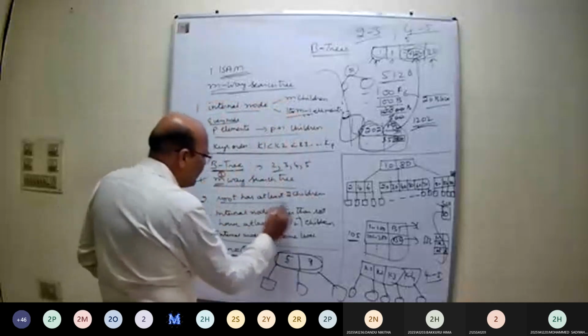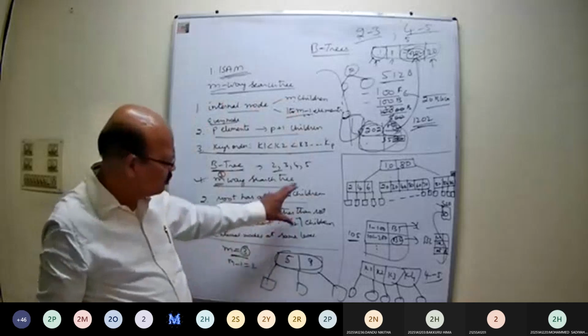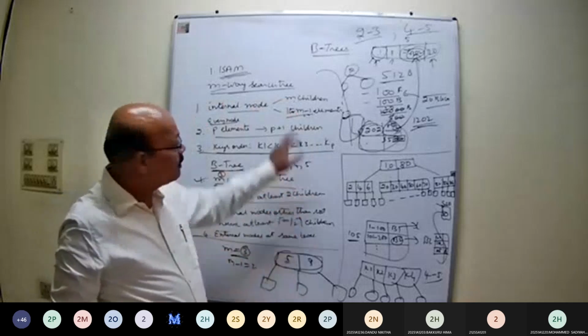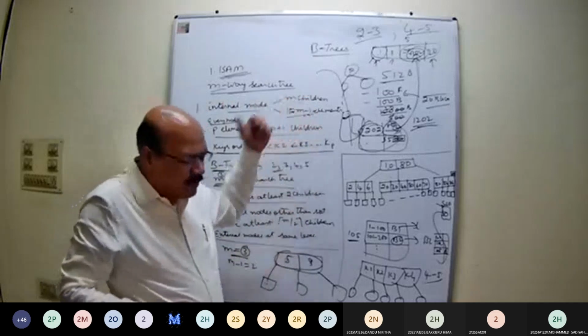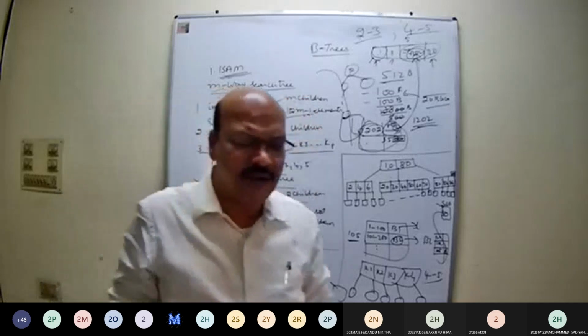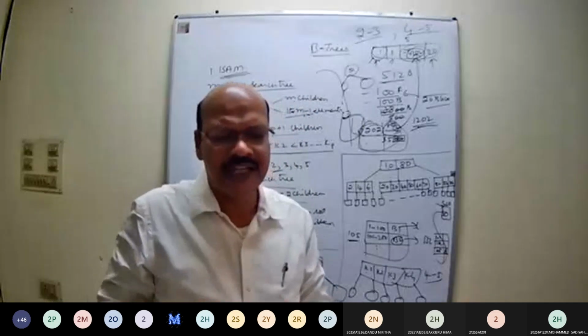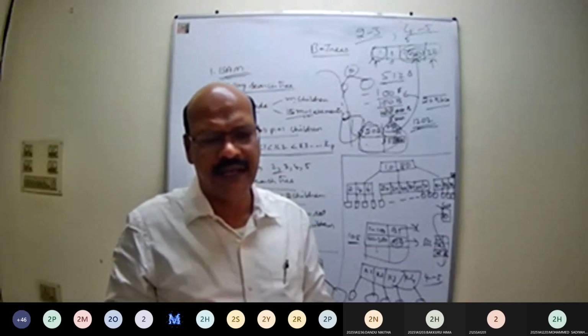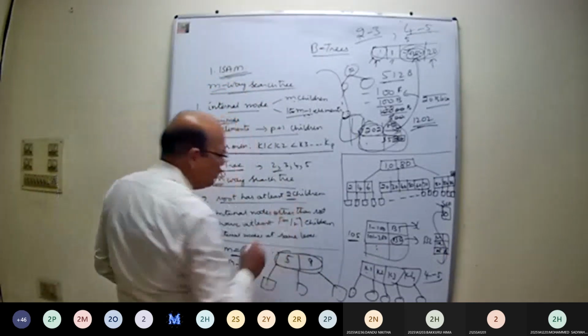The next property that a B tree should satisfy is that the root has at least 2 children. These 3 may not be satisfied by an M-way search tree, as all M-way search trees are not B trees. For an M-way search tree to be called a B tree, it should satisfy 3 additional constraints. One is that the root has at least 2 children.